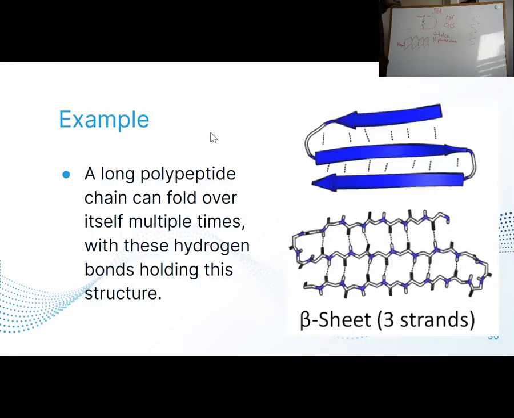You can see there the polypeptide chains folded over multiple times, and that holds the structure together. And it looks weird, and it's really hard to conceptualize.